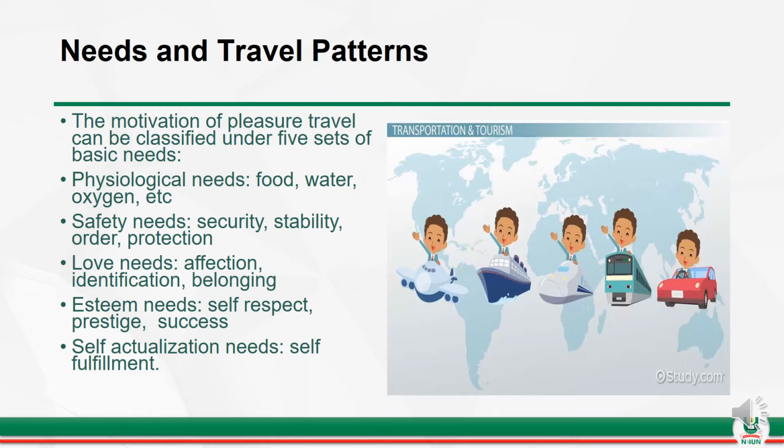Cultural motivation includes the desire for knowledge of other people's culture, for example their music, arts, folklore, dance, painting, song, religion. The interpersonal motivation includes the desire to meet friends and new people. The status and prestige motivator is the desire for recognition, attention, appreciation, and good reputation.